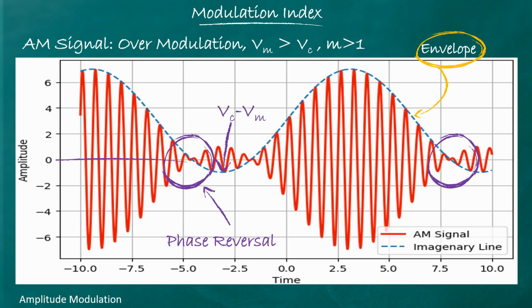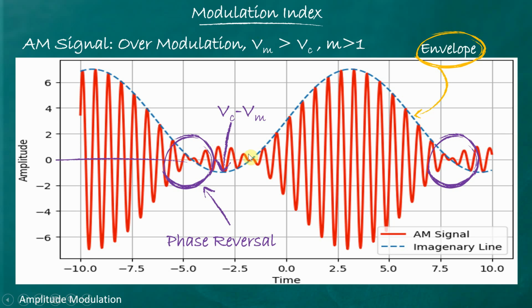Then for m greater than 1, the over modulation case, as shown in the figure, there is a phase reversal. If you observe my cursor, the demodulator will detect information following my cursor.